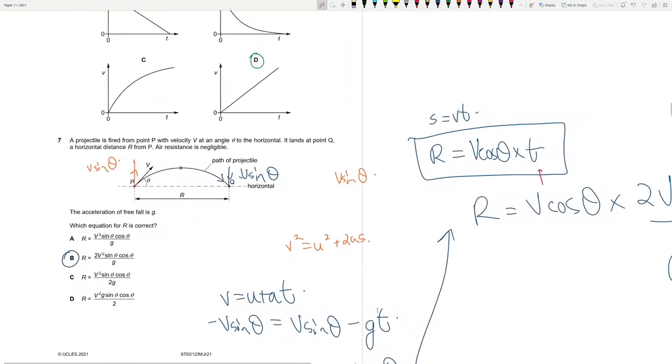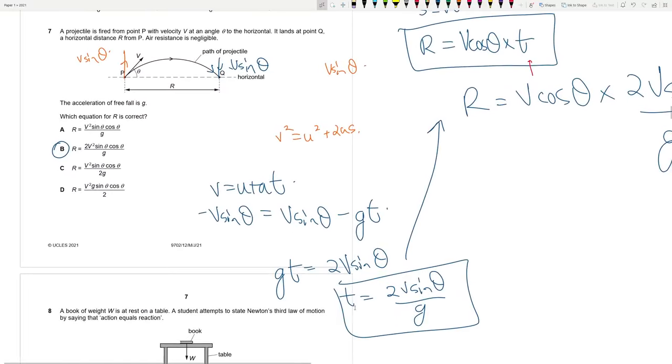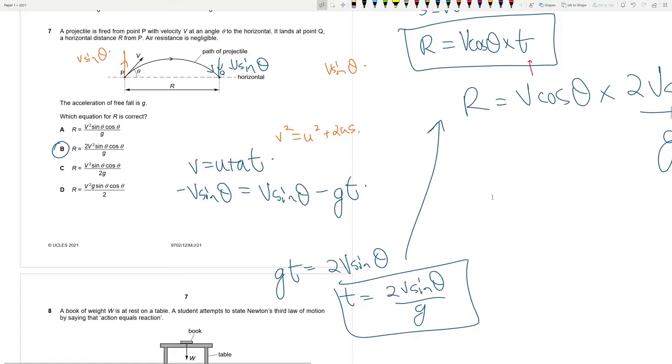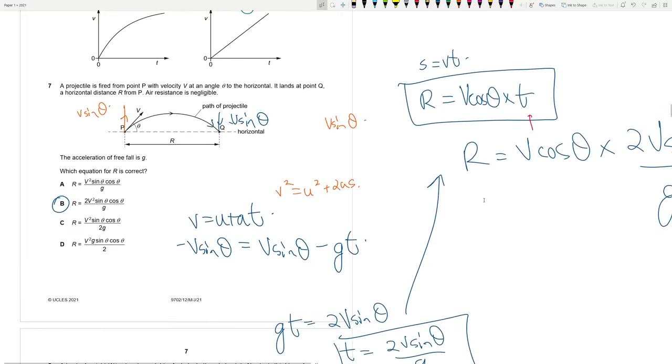We can use the equations of motion, okay? Starting with this, check this out. We know that v is equal to u plus at. What is our final velocity when the projectile is going to hit the ground? Since we're taking the initial velocity to be positive, that means the upward velocity is plus v sin theta.